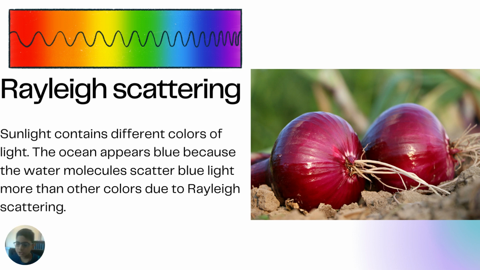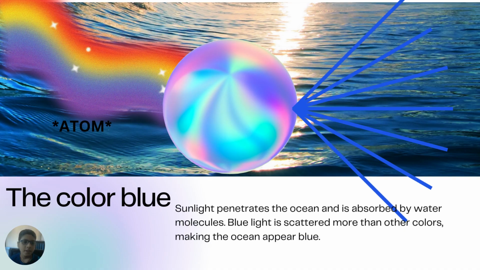Let us see why it looks blue. Because the sunlight penetrates the ocean and is absorbed by the water molecules. Blue light is scattered more than the other colors, making the ocean appear blue in color.